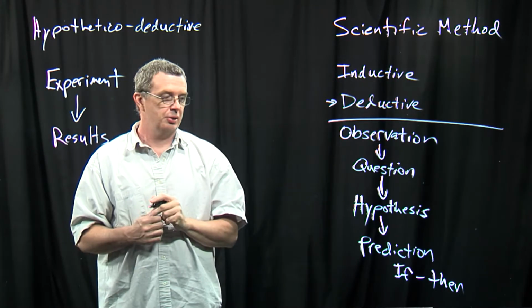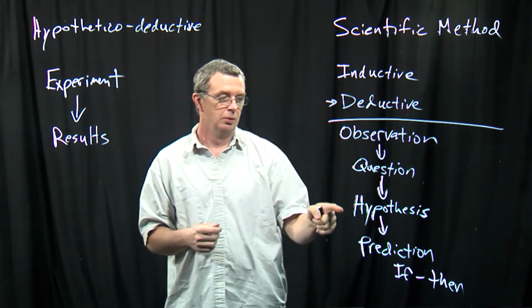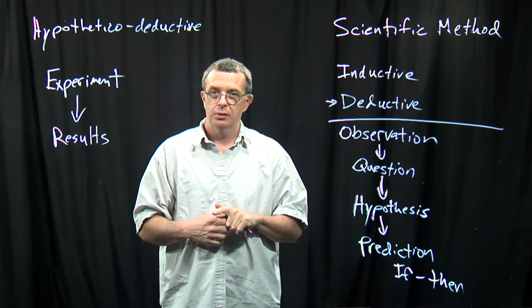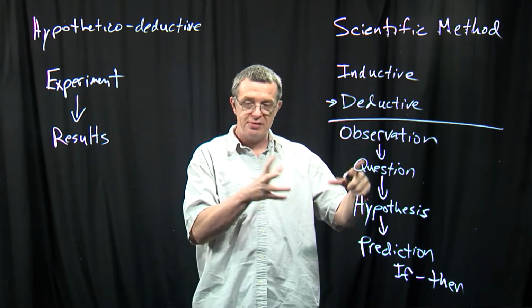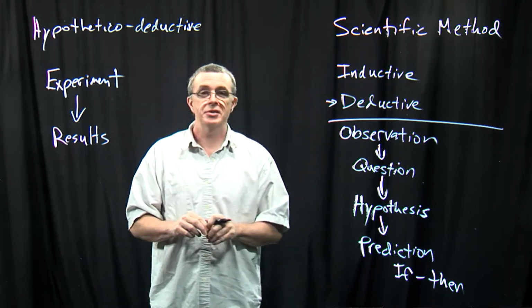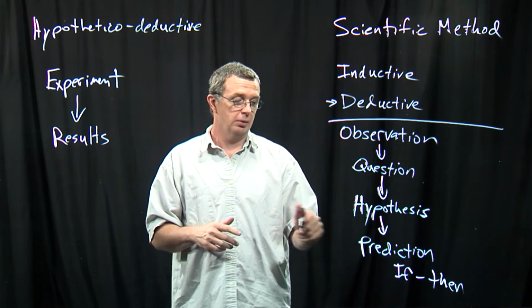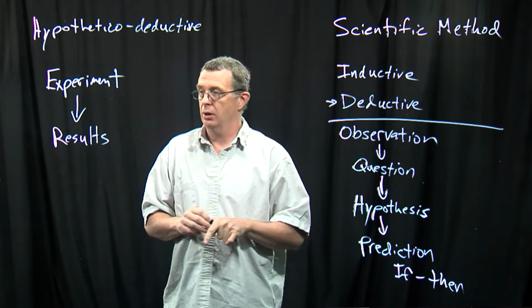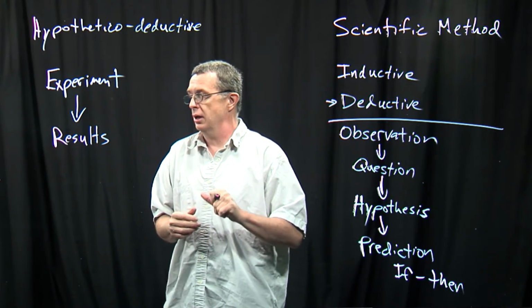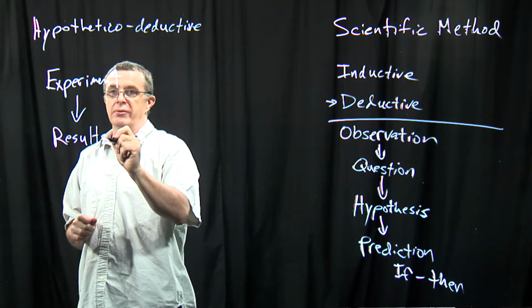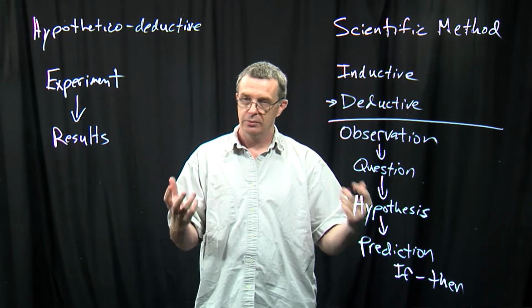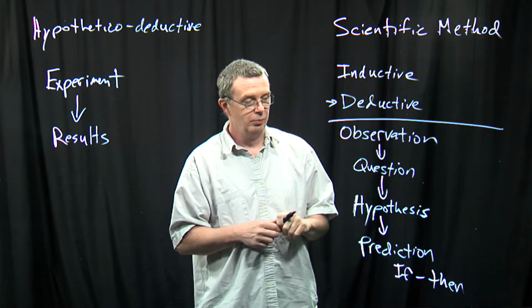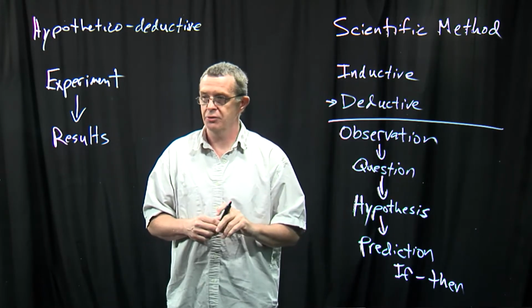And the results are either going to match our prediction or they're not. If we've done everything correctly when we've set up our experiment, we're going to have some understanding of whether we have support for our hypothesis or not. So if our results support our hypothesis, then we move on and we think we understand that.